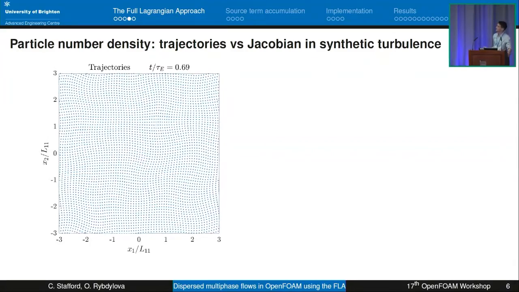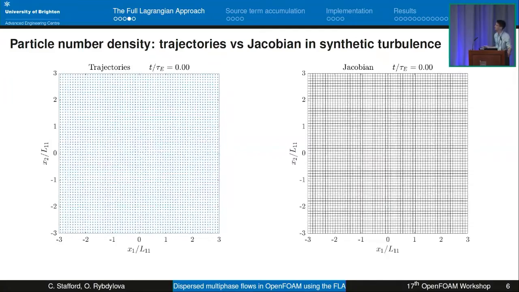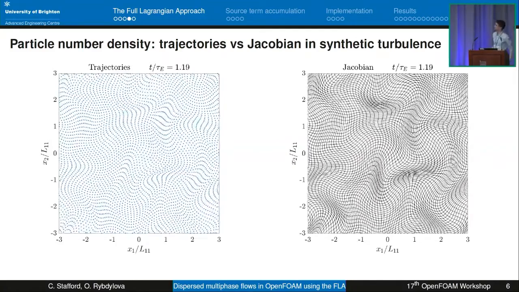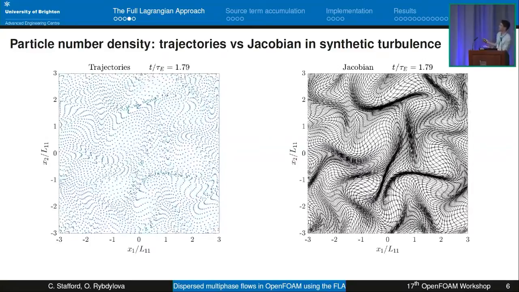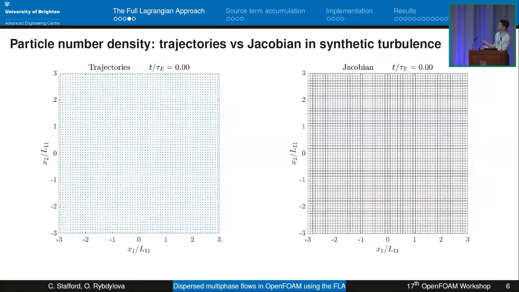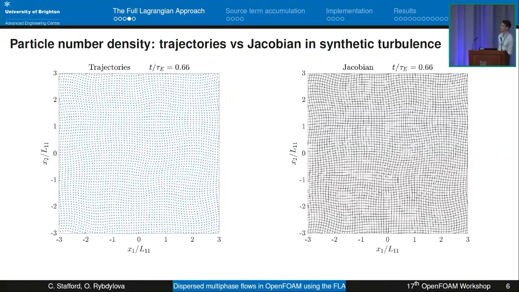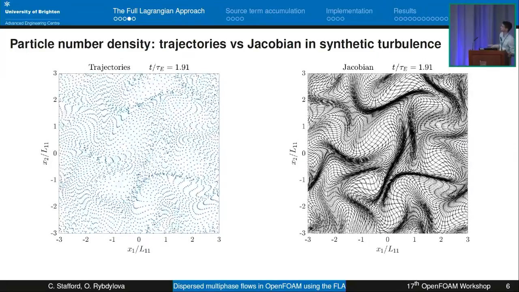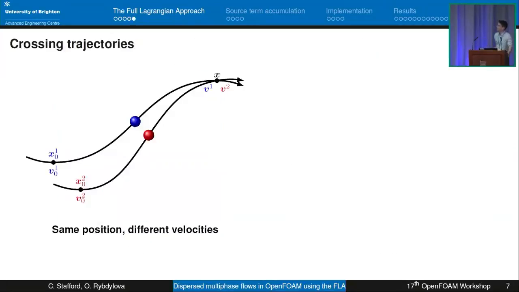For comparison, if we look at the full Lagrangian approach, we're now considering the element around each droplet. Starting from our squares, we can see how they deform, and they give us this same information, but in a much more continuous way, and this means we can leverage that for the accumulation of source terms. So that's just an illustration.